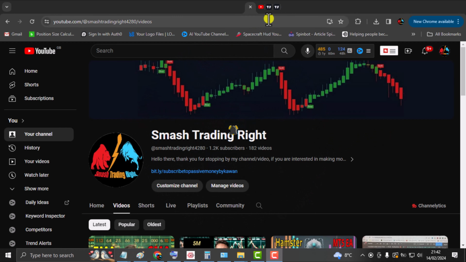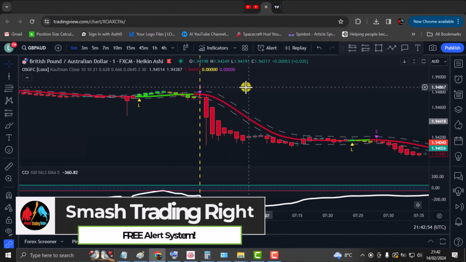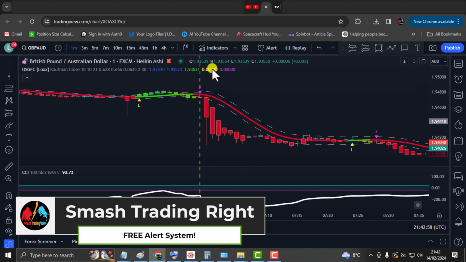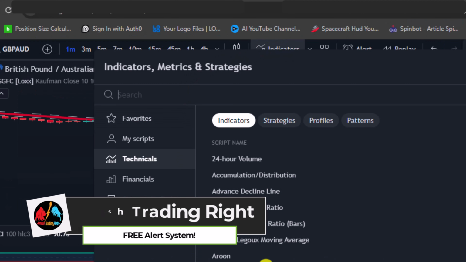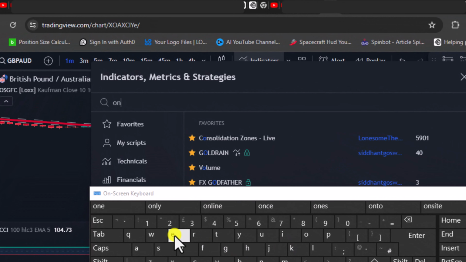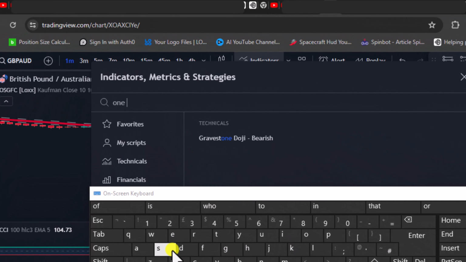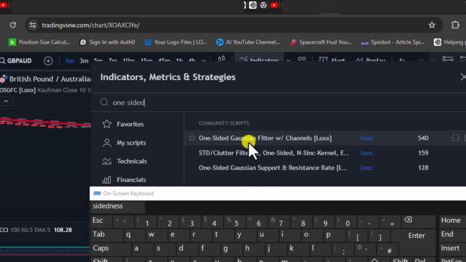Short and sweet. Let's hop on TradingView, guys. Over here, for these indicators, we have to come to the indicators tab. We go there, and what we're gonna look for is one-sided Gaussian filter with channels made by LOXX.